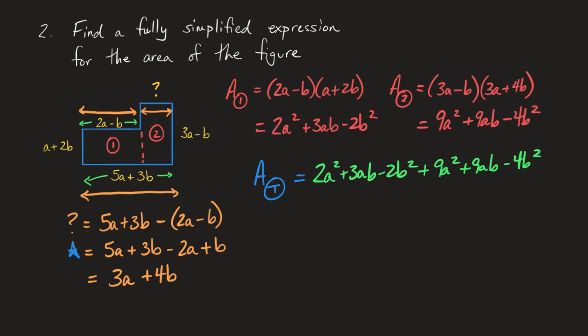Your readers should be able to make that judgment that to find the total, since you've labeled both parts as adding, just put them together. So if I look back up at my reds, I've got 2a squared plus 9a squared, that's 11a squared. I've got 3ab plus 9ab, which is 12ab. And then I have a negative 2b squared and a negative 4b squared, which is a negative 6b squared. I think you should be good to just give me the blue.